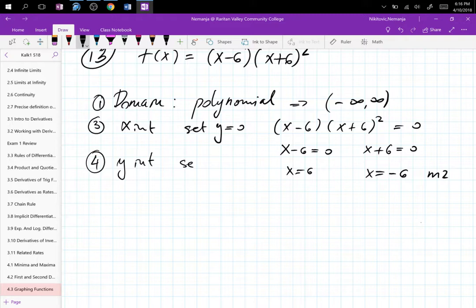Number 4, y-intercept, set all x's equal to 0. So you have 0 minus 6 times 0 plus 6 squared. This is negative 6 times 36, which is what? Very good. Negative $216, right?